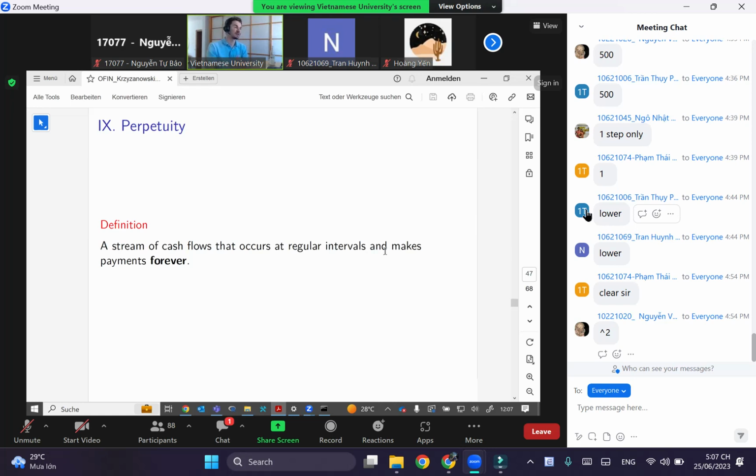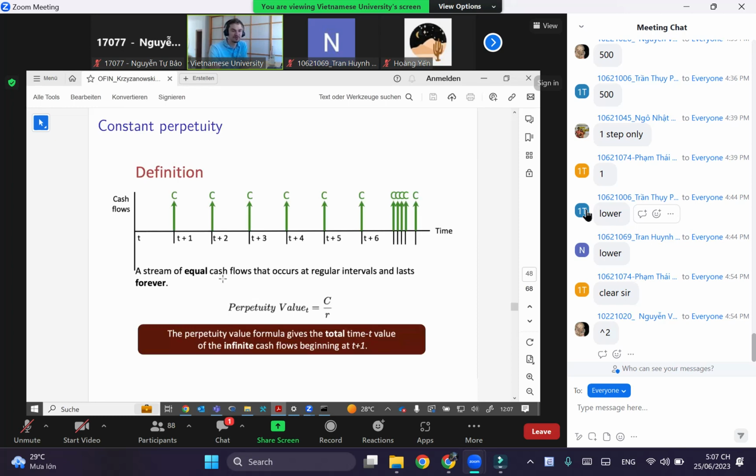And in contrast to these annuities, which we've discussed, perpetuities, as their name already indicates, are defined as a stream of cash flows that occurs at regular intervals, in the same way as with annuities, and make payments not over a finite number of n periods, but forever. So that's the crucial distinction. If someone asks you, okay, what's the distinction here? Forever. Perpetuity gives you those cash flows forever.